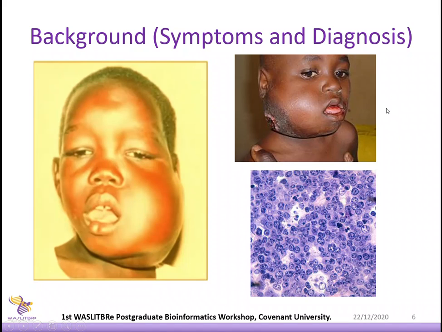Instead, the stomach region, yeah, it swells a lot, and it's also really bad. And there's the starry sky appearance of Burkitt lymphoma patients, and yeah, this is used to diagnose this condition.